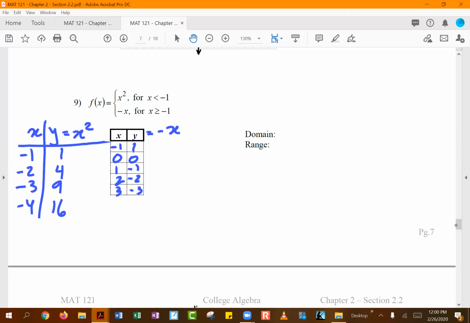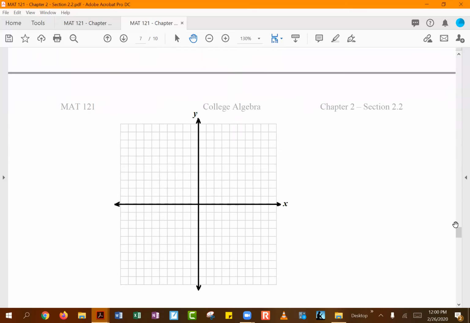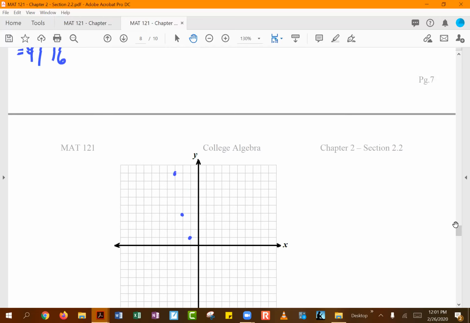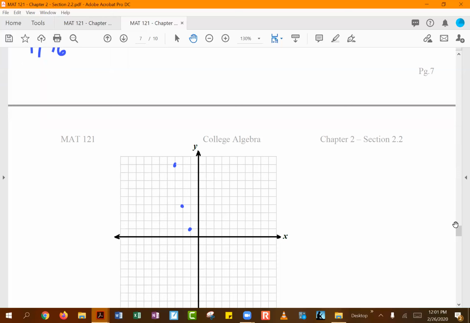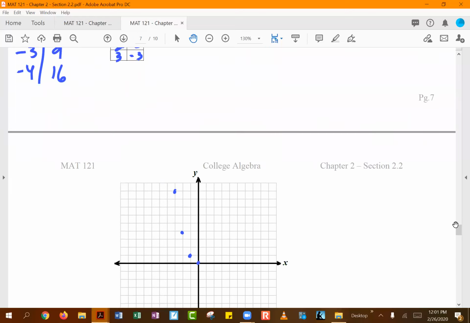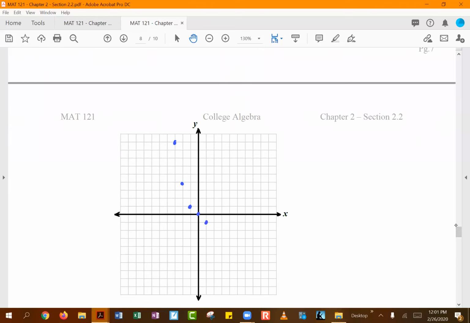So when you graph this, you've got -1, +1, -2, 4, and -3, 9. And then we've got the same thing, -1, 1, 0 was at 0, +1, -1, +2, -2, +3, -3.